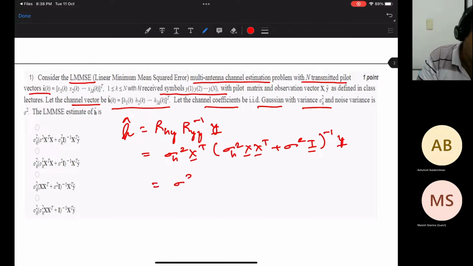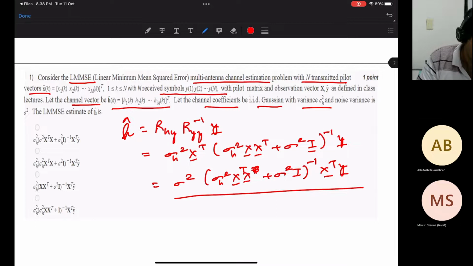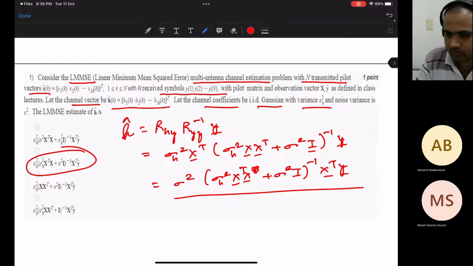If you just rearrange it, this will be sigma h square, sigma h square x transpose x plus sigma square I, inverse, x transpose y. So this is option B, straightforward from the lectures.